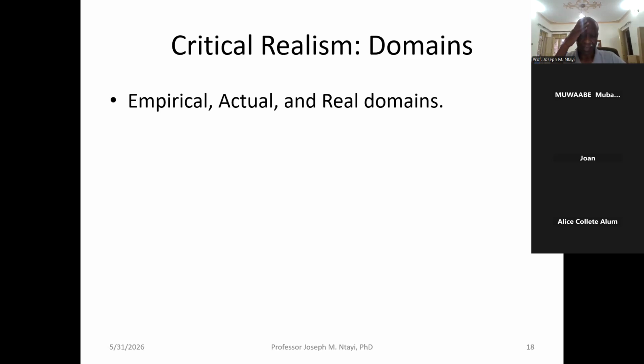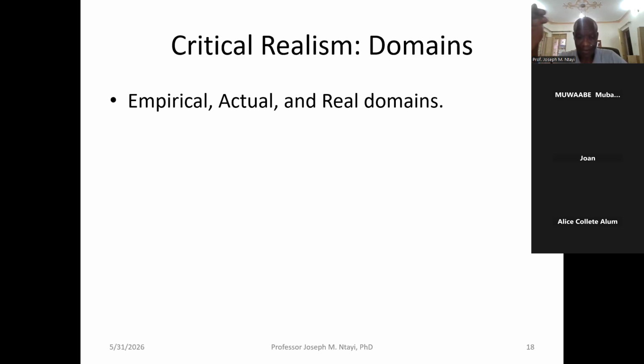So it doesn't matter where you are, there is that empirical domain, what you experience, what you interpret that reality to be, first of all what it is and how it is constituted. And of course, that is the empirical domain. That is what people experience.